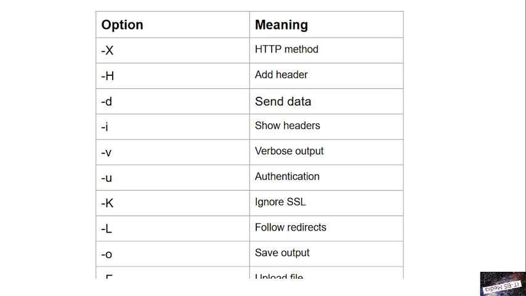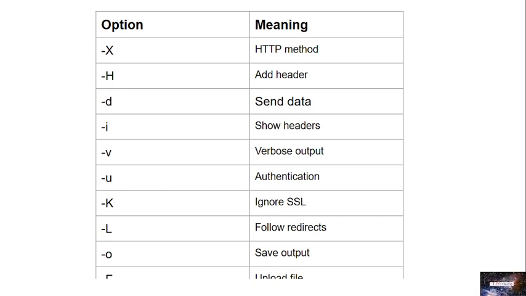So we have these options that are common. X is the method, to specify the method, if you have HTTP or HTTPS. Then H for header, when you want to add a header to it. Then D is to send data. I is to show headers. V, verbose. You know, we have used some of this. U, authentication. K, ignore SSL.